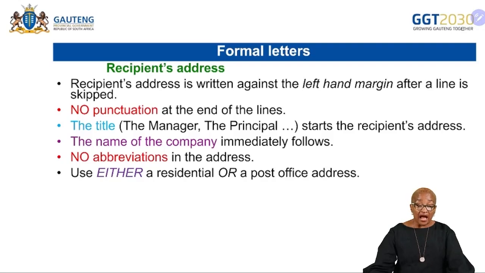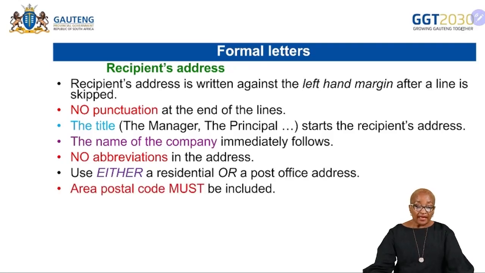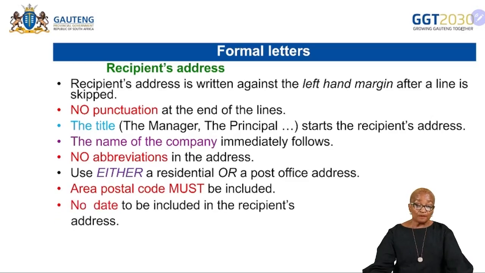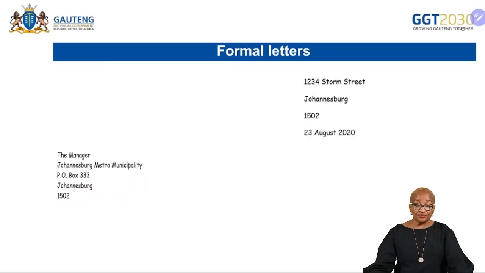You must either use a residential or a post office address, not both. The area postal code must be included. No date is to be included in the recipient's address. There we go now. That is how both addresses should look.